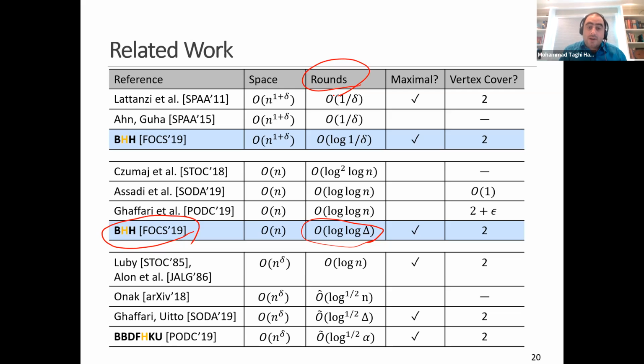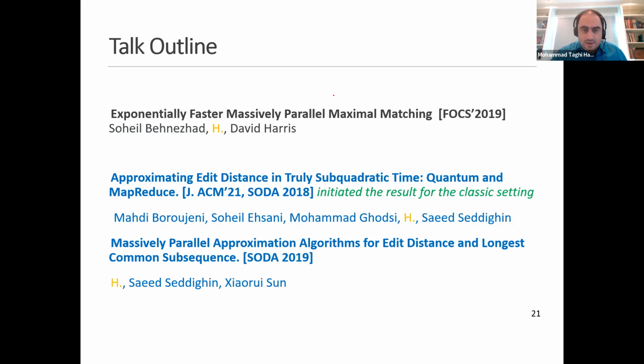And so far, this log delta seems the best. We don't know whether you can get anything better than that. This is a very big open problem: can we get a constant number of rounds? We don't know that. But at least we can get log delta for these problems. So that was one thing.